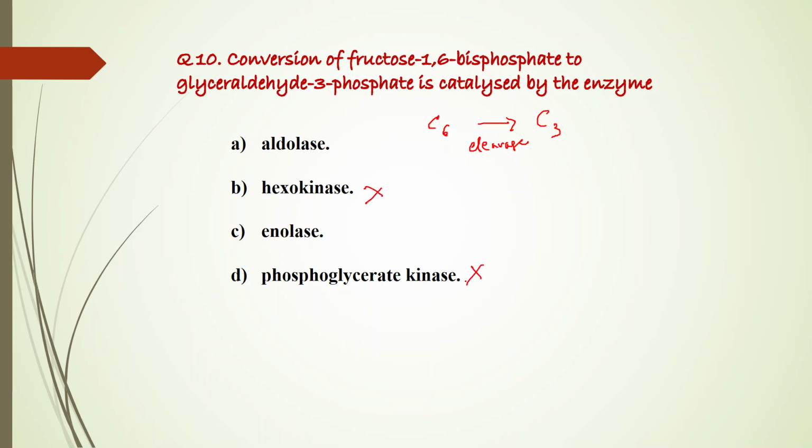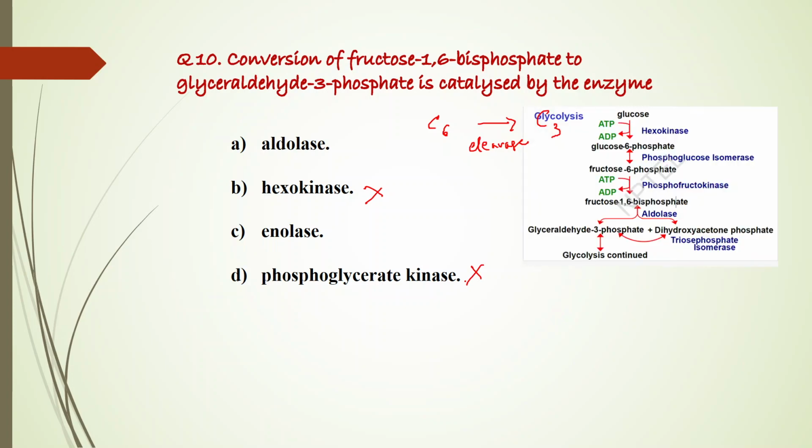Now you have your aldolase and enolase. So let us look at the steps of glycolysis. First step, you have the formation of glucose 6-phosphate from glucose. Basically, one phosphate group is transferred from ATP to ADP. In the next step, you have the isomerization, which results in the formation of fructose from glucose.